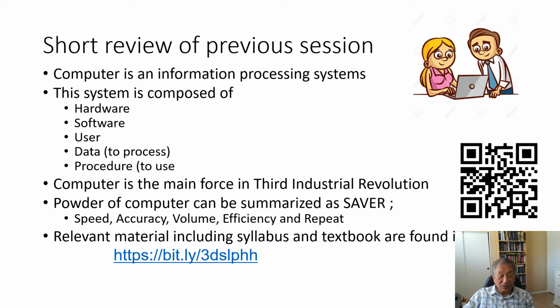Then efficiency, avoiding repeating the same thing over and over again, can be achieved by the software component. So it is pretty important that you have some better understanding about the computer, and hopefully this course helps you.